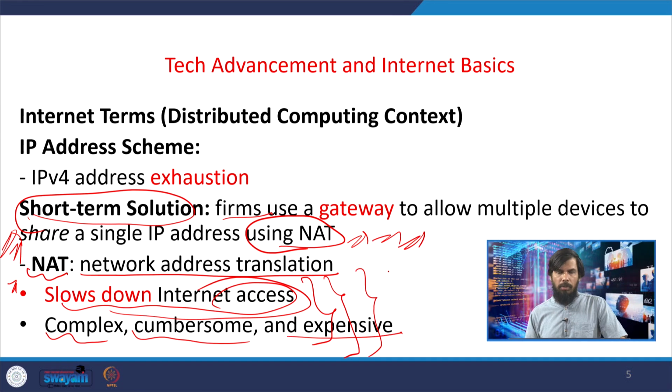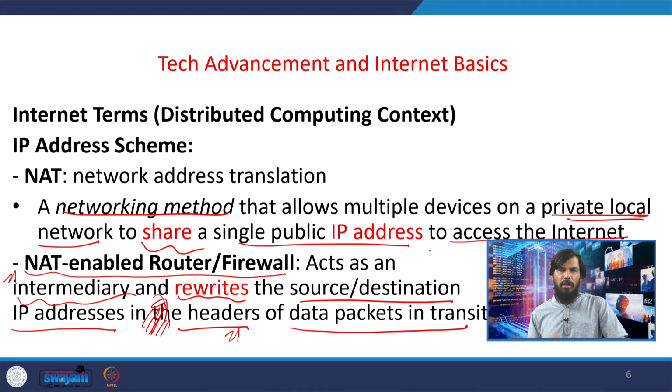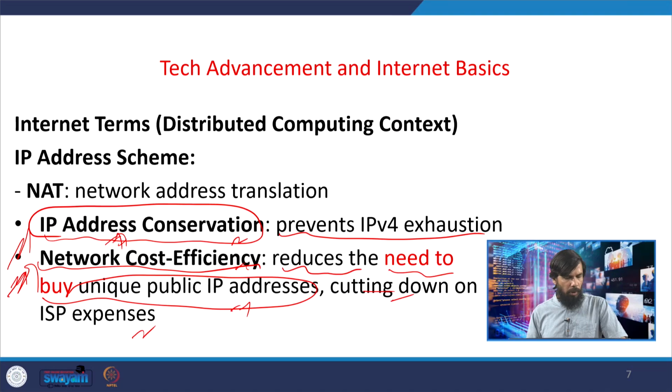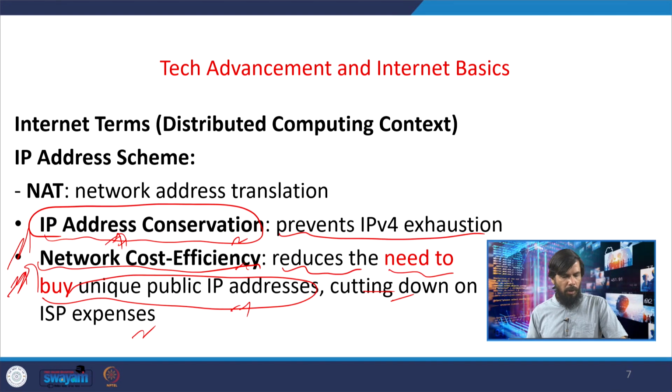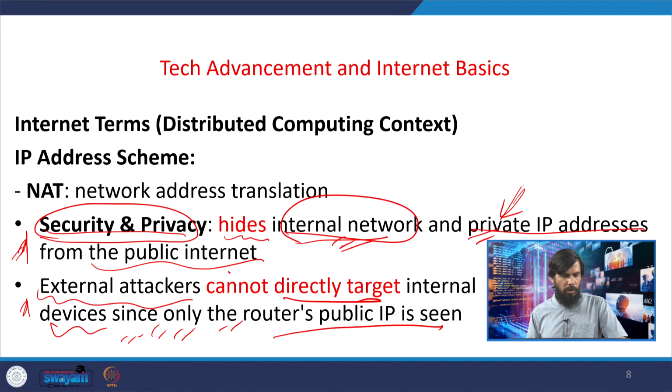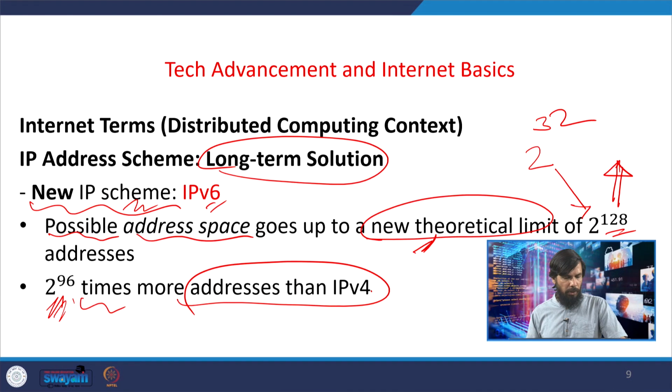The better short term solution was NAT, network address translation. Essentially, a single public IP address is shared across multiple devices, and that has its own benefits also. Not only the drawback of slowness, but there are other benefits that we talked about: IP address conservation, network cost efficiency, security and privacy.